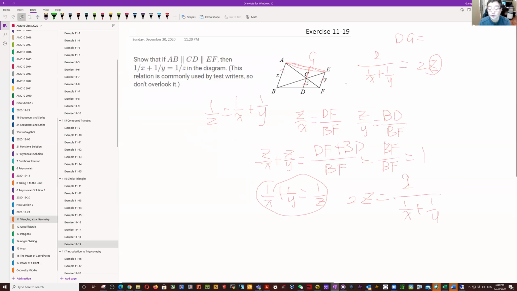They are a common setup for similarity. With triangle similarities, there are a lot of setups you have to remember. Those come up very often, so let's just borrow this picture.